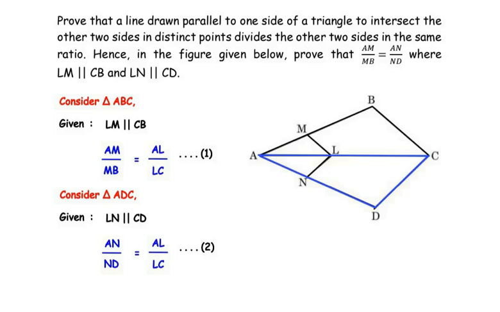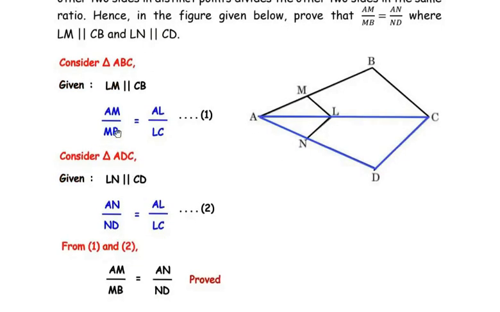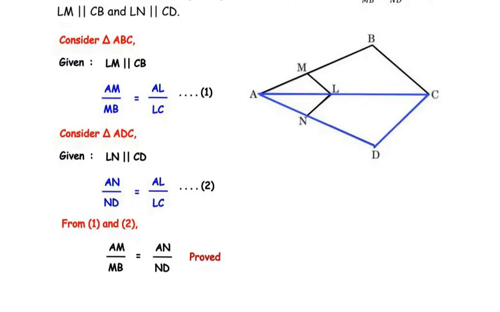Now we can see that from equation 1 and equation 2, the right hand sides of both the equations are the same. So we can equate the left hand sides with each other. So from 1 and 2 we get AM over MB is equal to AN over ND. And this is what we had to prove in the given question, and we have proved it by using the basic proportionality theorem. This is going to be our answer.